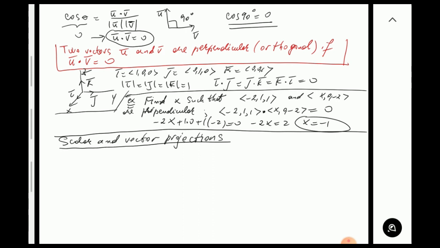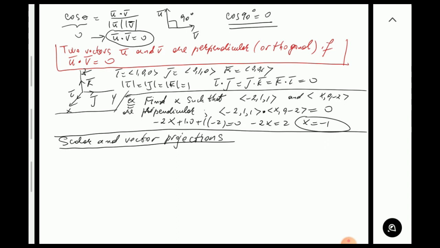It's not just in aviation, there are lots of other examples you can imagine. But let's see what the question is all about, before we describe the tool called a scalar and vector projection.